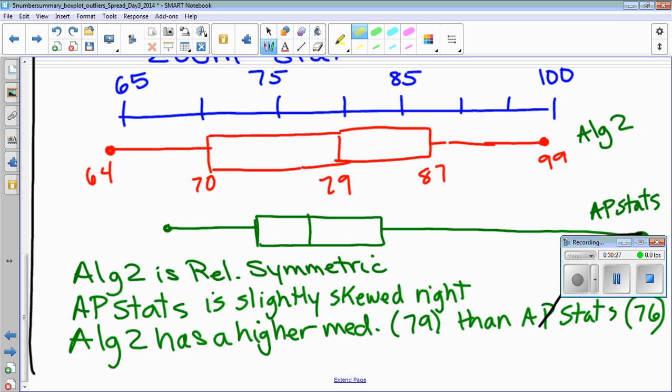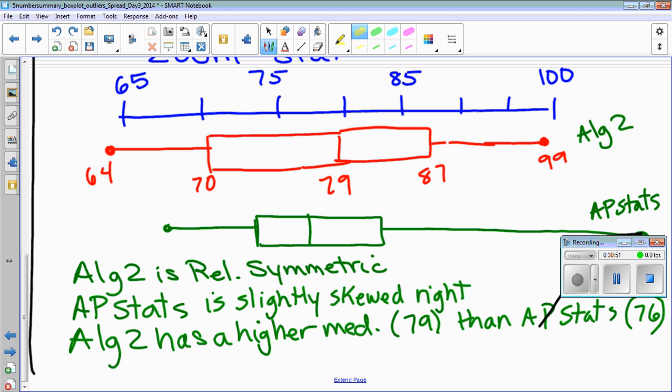Okay, honestly, before I even find IQRs or find numbers, that visual picture, that box plot for both of them, I can tell you right away, Lena, which one has a smaller spread than the other. Can you tell me? Between Algebra 2, the red one, and the green one, which one has a smaller spread?